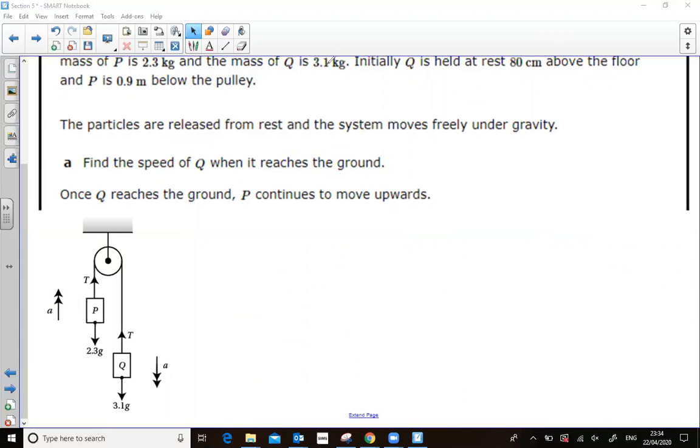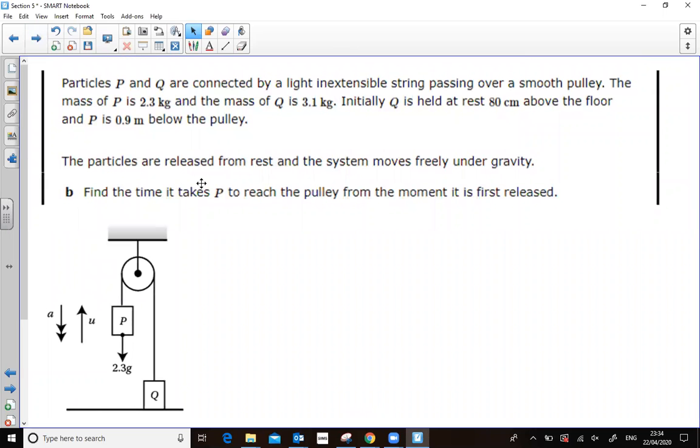Now, for part B, I think we need this sentence as well. Here it says, when Q reaches the ground, P continues to move upwards. So you can see I have now changed the diagram.